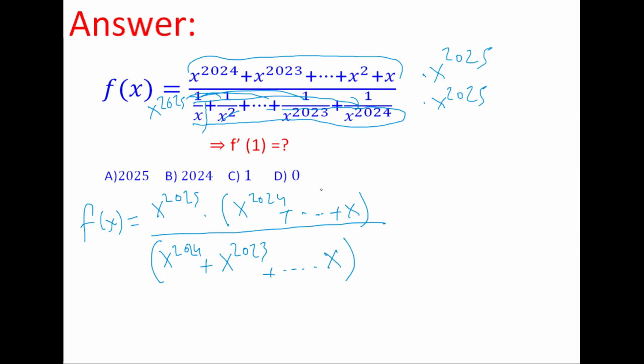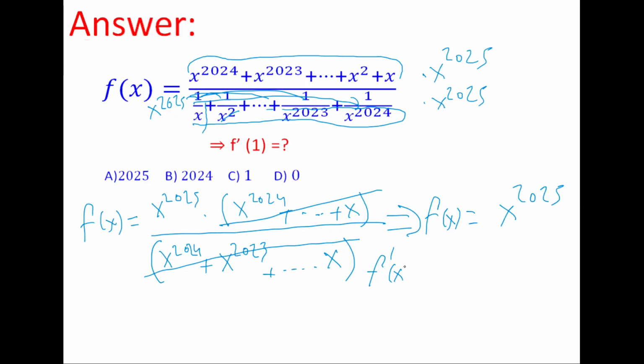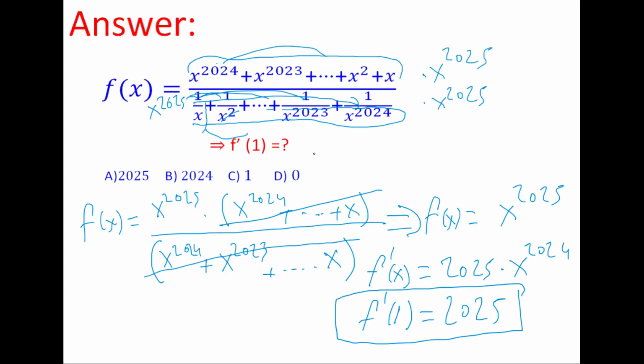Now here, if you realize those terms are the same, so you can just cross them out, and the leftover is going to be f of x, which means in this case f of x will be x to the power of 2025. After that, solving the question is going to be easier. If you take the derivative of this f of x function, it's going to be 2025 times x to the power of 2024. And if you substitute 1 for x, then we're going to have again 2025, guys, as an answer. And that's the end of the question, guys.